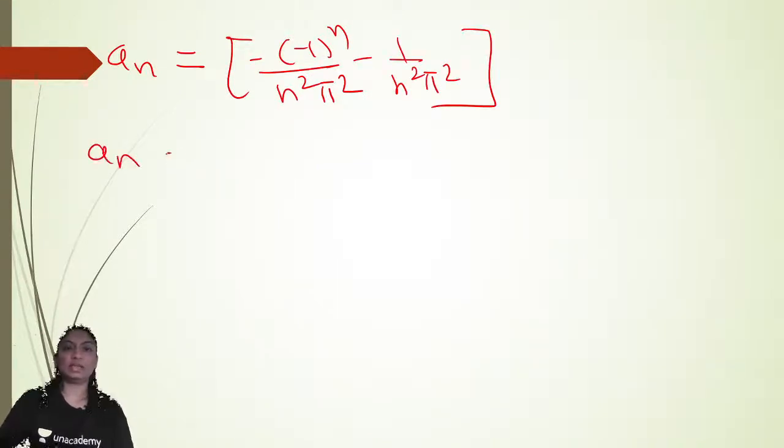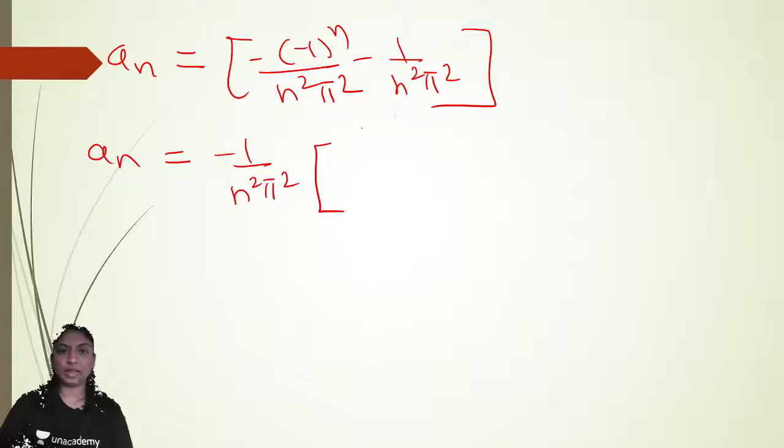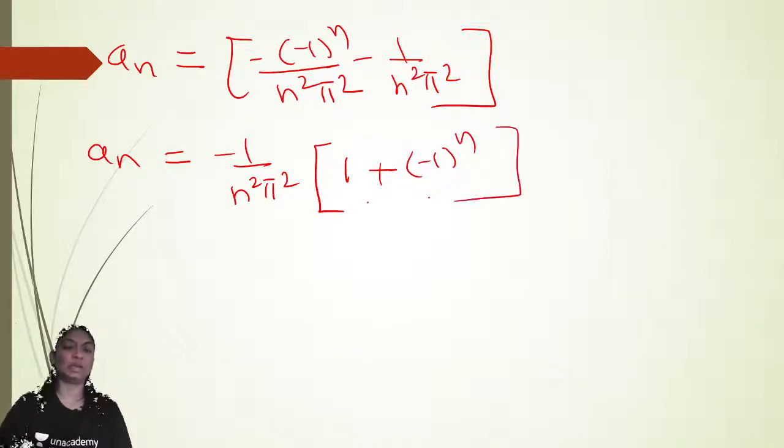So here you will get minus 1 upon n square pi square into bracket 1 minus, now see here, 1 plus minus 1 raised to n, right? So this is your n, just put it in the formula.